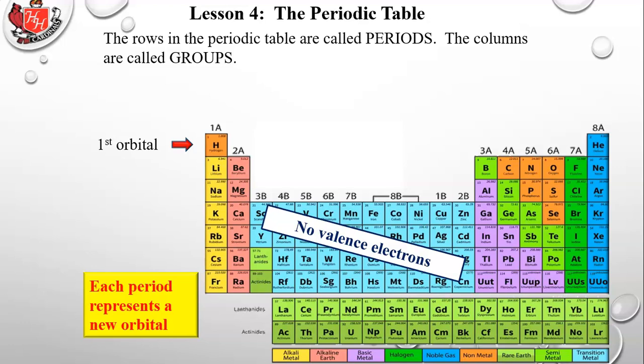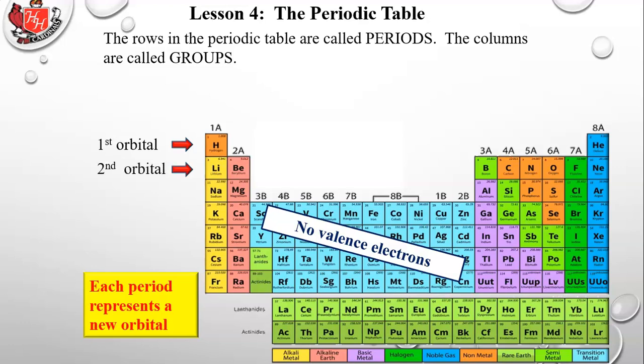That means hydrogen in its natural state has 1 electron, helium has 2 electrons, and both of those electrons for helium are in the first orbital. So once you're at the end of a row, you're at the end of that orbital. No more electrons will go into that orbital. So the first orbital can hold 2 electrons.